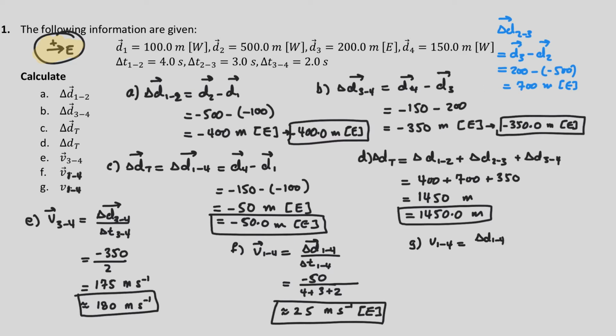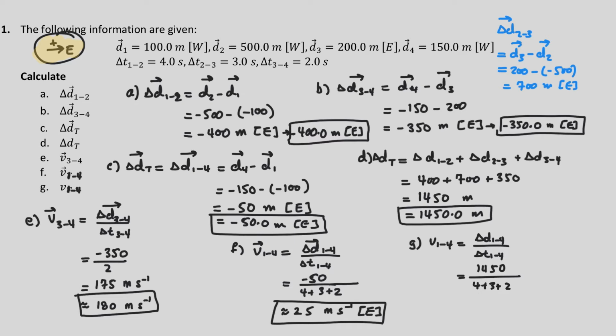Notice I'm not using the arrows anymore, and the time from 1 to 4. So that's 1450, and that one has a lot of significant figures. Now I have 1, 2, 3, 4, 5, but I'm dividing it by the time, which is 4.0 plus 3.0 plus 2.0, 4 plus 3 plus 2. They all have one decimal place.